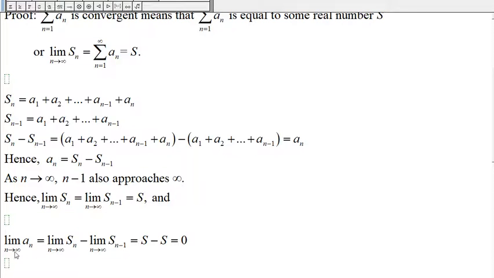So the limit of a sub n as n approaches infinity is equal to the limit of s sub n minus the limit of s sub n minus 1. But the limit of s sub n is s, and the limit of s sub n minus 1 is also s, so it's equal to 0. And that proves the theorem, the nth term test. One more time, the nth term test says that if the infinite series converges, then the limit of the sequence must go to 0.